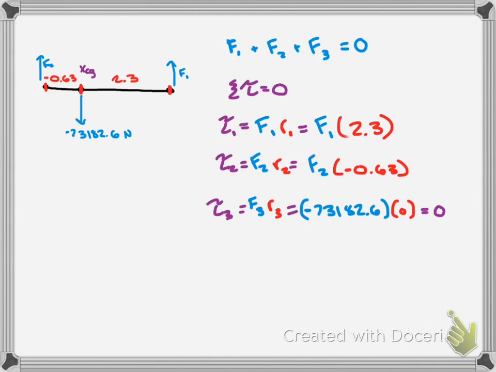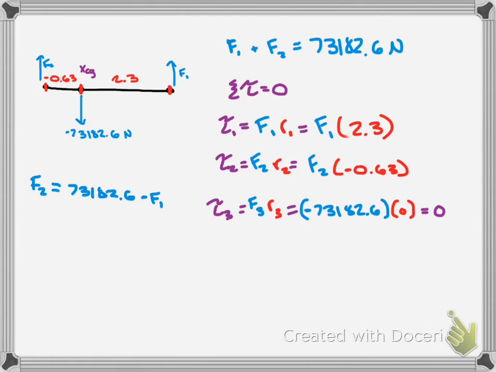We know F3 is negative 73,182.6, and the reason why R3 is 0 is because it's located right there at the center of gravity, it's in the center, so there's no distance that it needs to cover. So R is equal to 0, and since R is equal to 0, anything multiplied by 0 is just 0, so your torque 3 is 0.